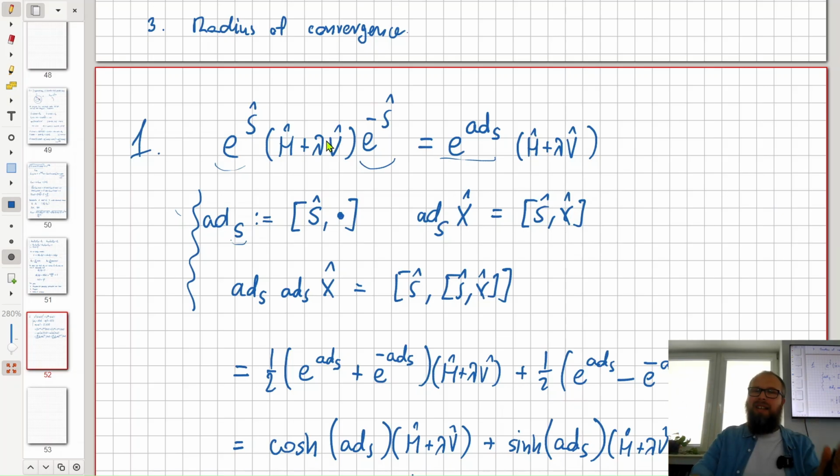But the point is that when it finishes its job, you must have a block diagonal operator on the right hand side.